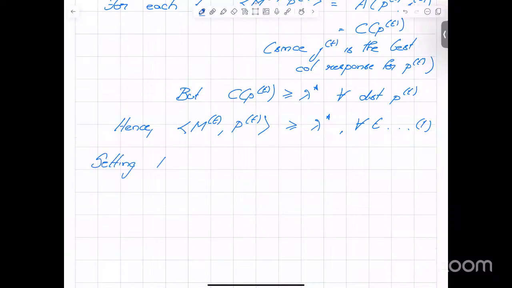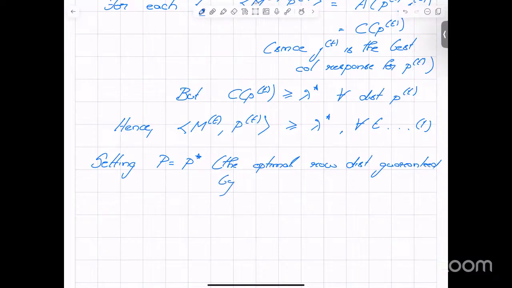Setting P to be P star, the optimal row distribution guaranteed by strong duality.